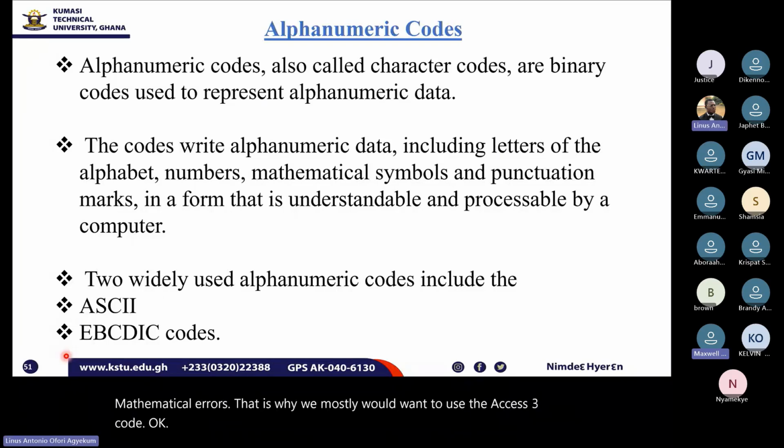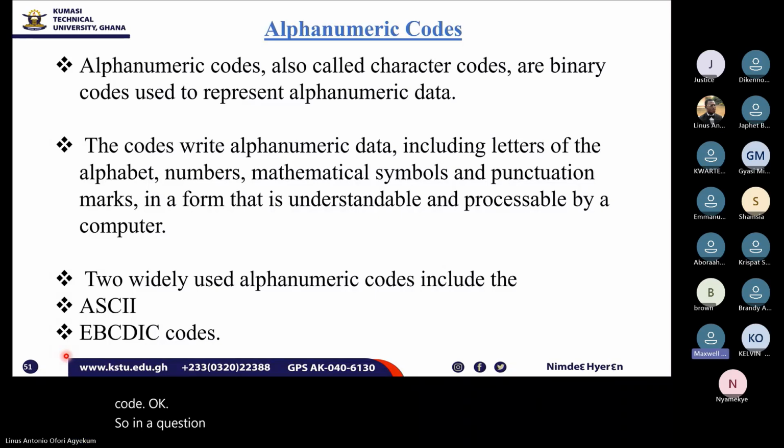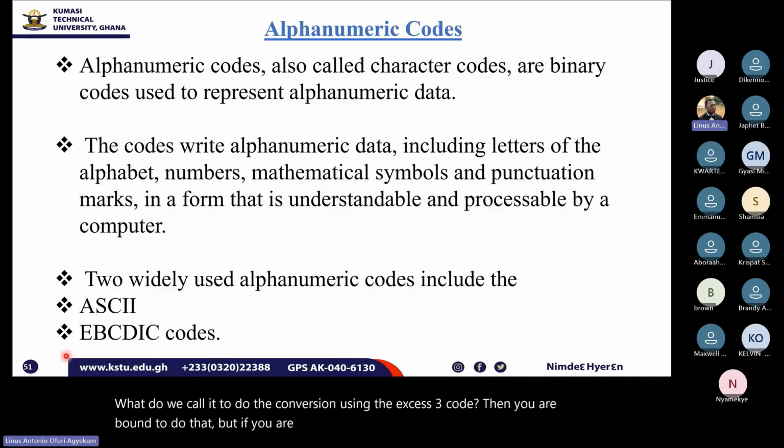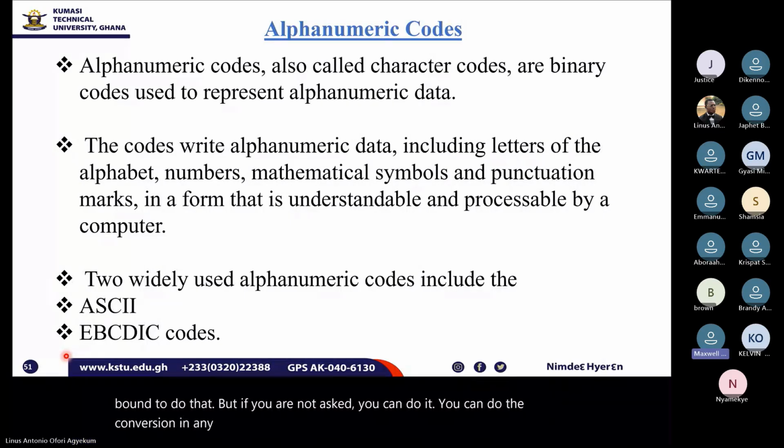So, in a question, if I forget, let's say, to add the 3 to the numbers and then to find the code, is it wrong? If you are asked to do the conversion using the XS3 code, then you are bound to do that. But if you are not asked, you can do the conversion in any way, with or without it.